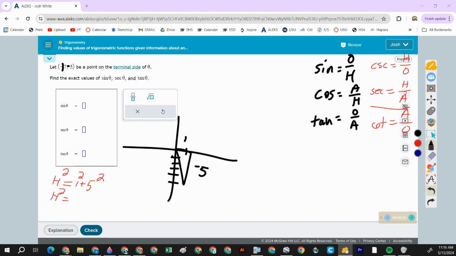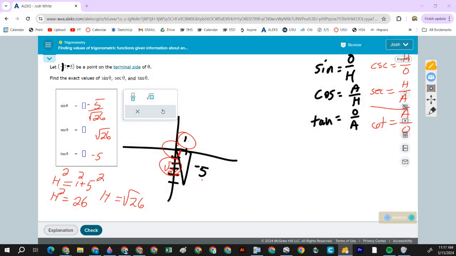So h squared is 26. So h is the square root of 26. Okay. So what is the sine of that angle? So here's my angle, but I'm going to use this as my reference angle. Sine is negative 5 over the square root of 26. Secant is going to be h over a. So h over a is just the square root of 26 over 1. And tangent is going to be O divided by A, which is just negative 5 over 1.